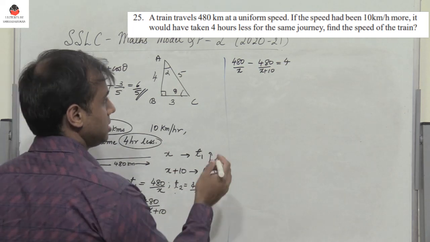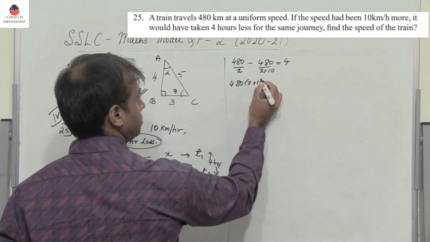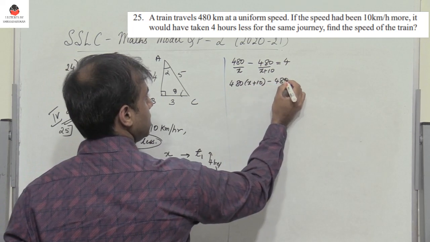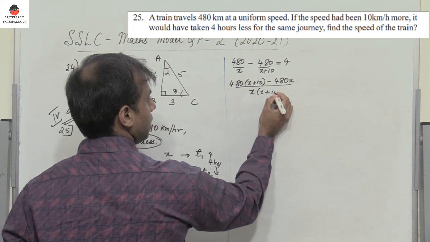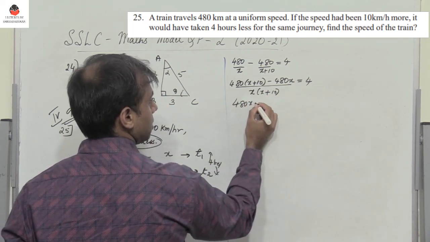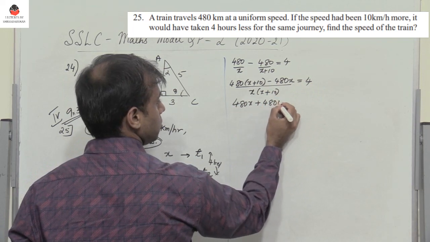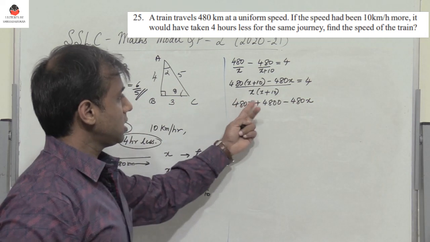So let's take the LCM. So 480 into x plus 10 minus 480 into x divided by x into x plus 10 gives me 4. So I have 480x plus 4800 minus 480x. So this I take it to RHS.